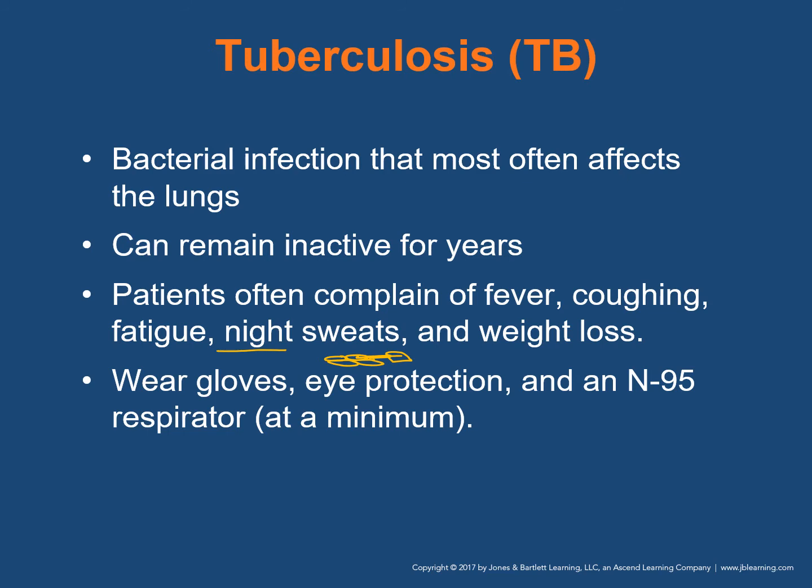You'll usually get an annual TB test where they inject a little circular wheel underneath your skin, and they can do it through a blood test as well, but they'll recheck it after a few days.